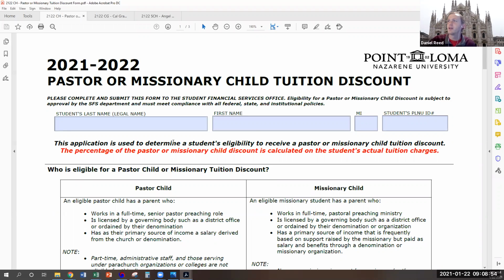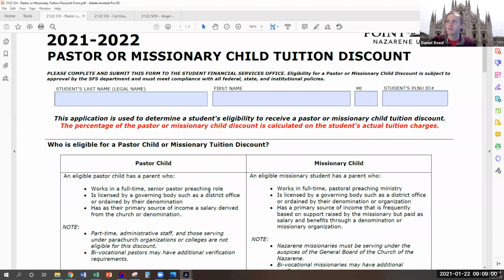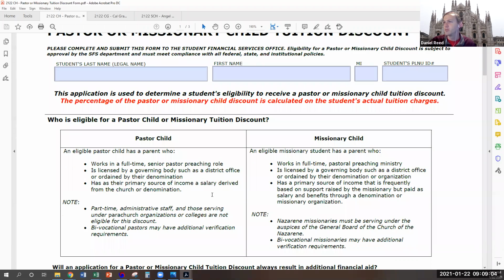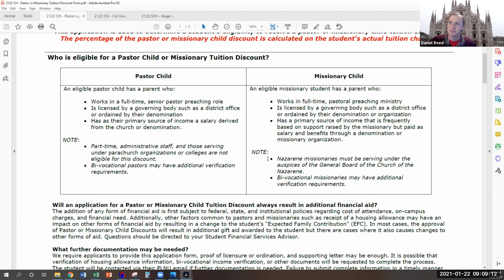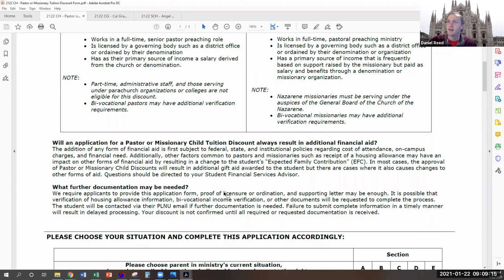So I want to point out a few of those things. A lot of it still looks very similar to what our initial missionary pastor child discount form was before, with these call out sections of what we mean when we say pastor child or a missionary child, and what this application actually does for a student.